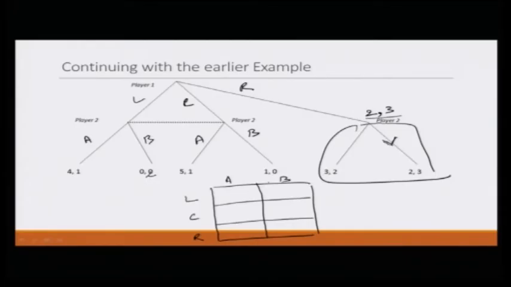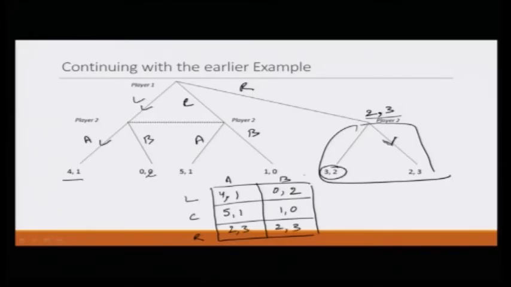In the reduced form, player 2 has either A or B. If player 1 plays L and player 2 plays A, the game will reach this, so the payoff would be 4, 1, and similarly 0, 2, here 5, 1, here 1, 0. If player 1 plays R, no matter what player 2 does, here we will have 2, 3, 2, 3.